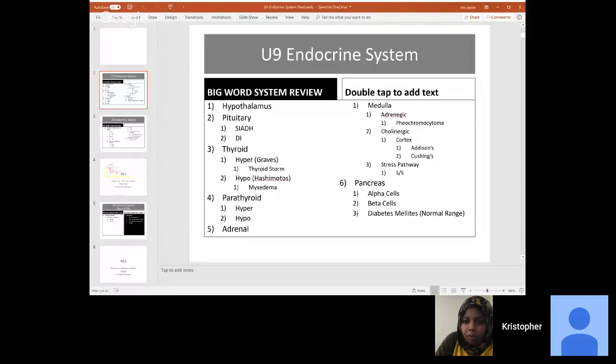Can you see it on your screen? Yep. Okay, so basically what we're doing, Zakia, is we're just going through system by system, and instead of digging down to all the receptors and everything that's going on, we're just going to hit the major big stuff, and that's it, okay? Okay. So the hypothalamus, what does the hypothalamus do?